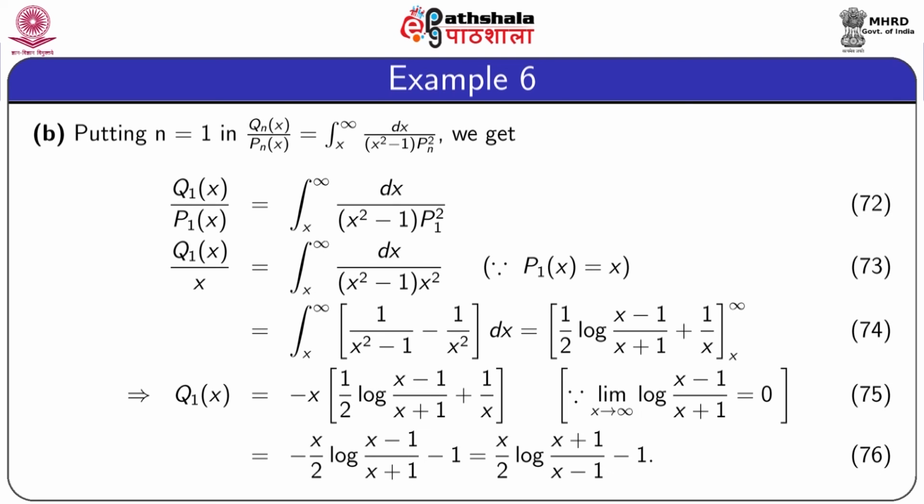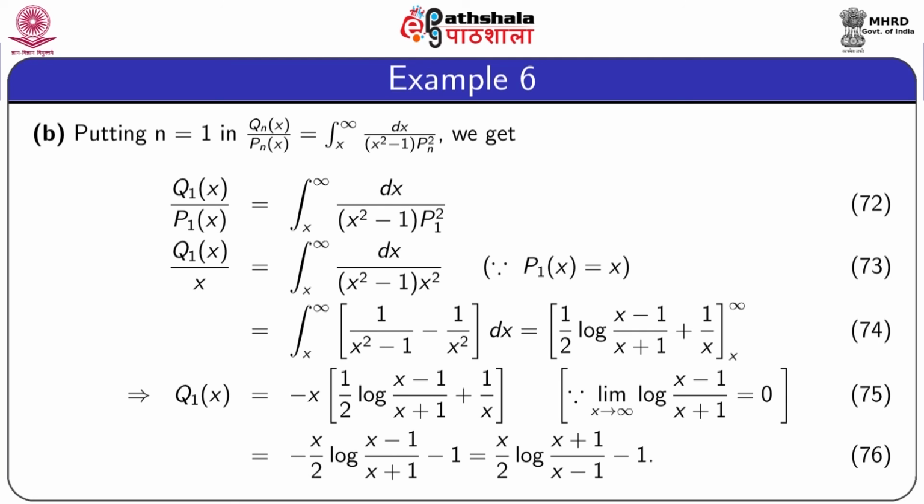For our second part, we put n equal to 1 in the expression Qn/Pn is equal to the integration from x to infinity of dx by (x² − 1)Pn². And if you do that, you will get Q1/P1 is equal to the integration from x to infinity of dx by (x² − 1)P1².